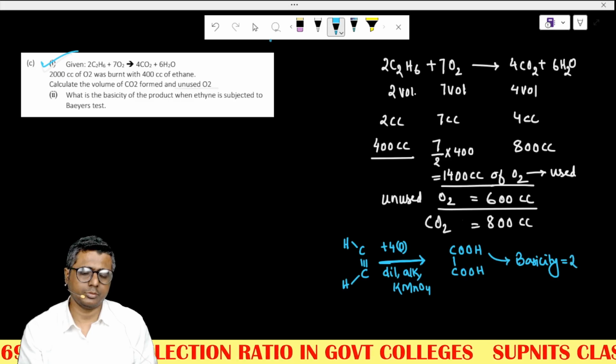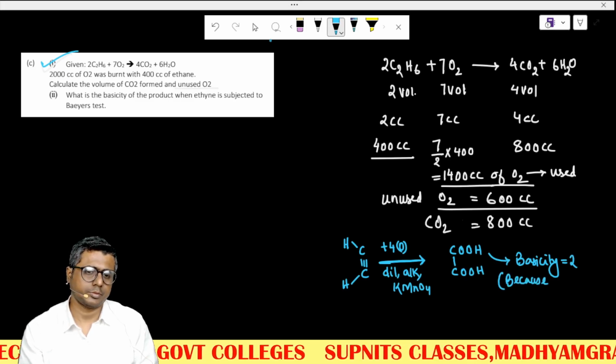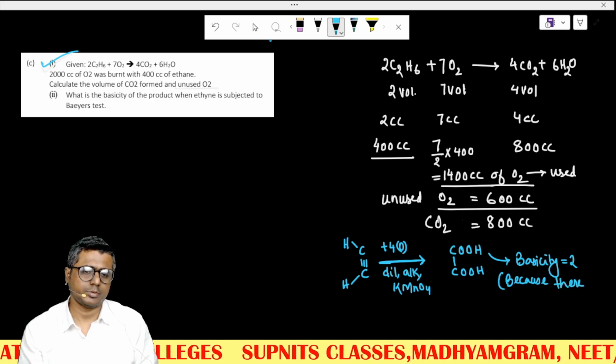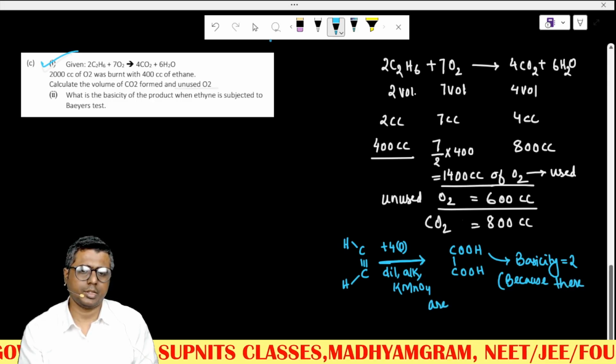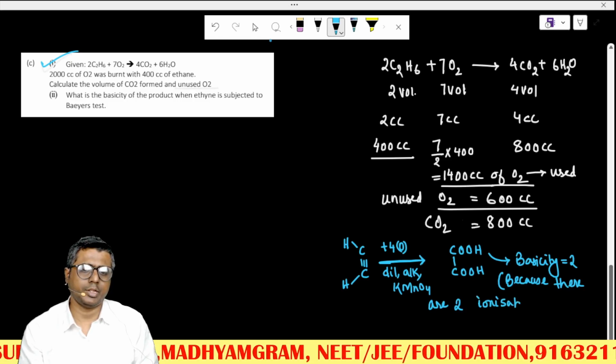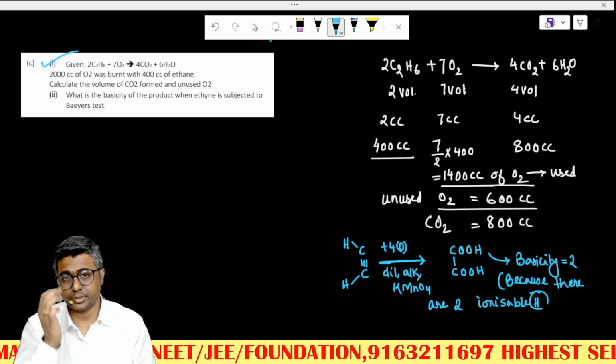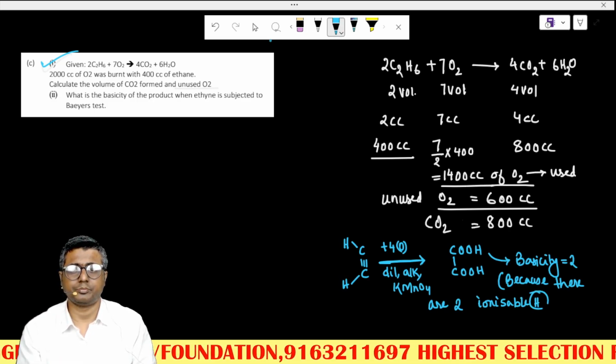It is equal to 2 because there are 2 ionizable hydrogens. So the basicity will be 2.